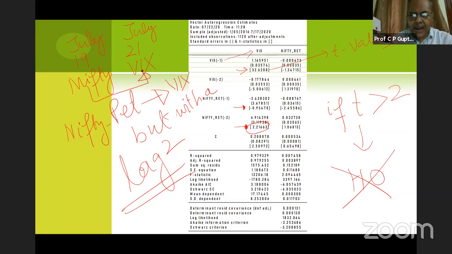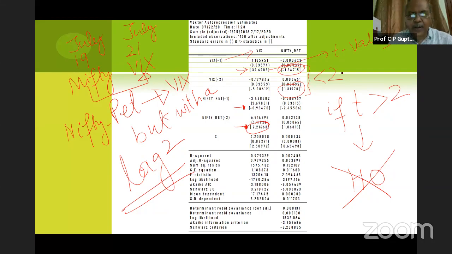Okay, right? If we see here Nifty VIX, both are less than 1, less than 2. That means VIX is not Granger causing Nifty return, but Nifty return is Granger causing VIX.